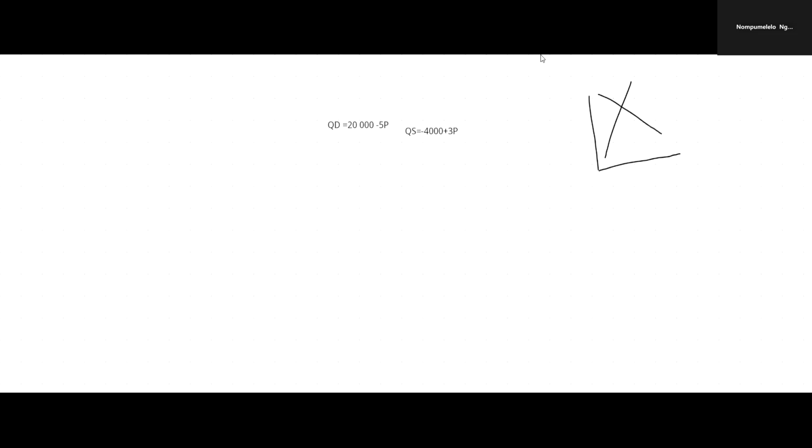So you do know that in equilibrium, you have your supply this side, then you have your demand this side, right? Your quantity supplied and demanded is the same, and your price is also the same. So at equilibrium, your quantity demanded and supplied are the same and the price is also equal. So you can just equate these equations by saying quantity demanded will be equal to your quantity supplied.